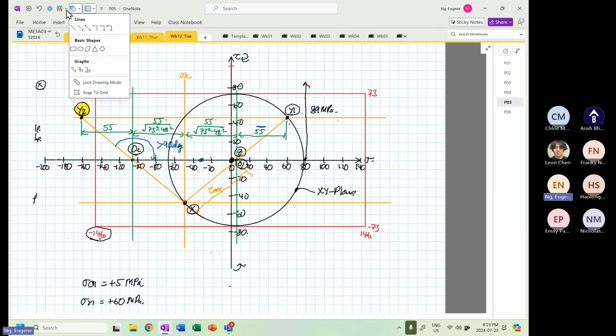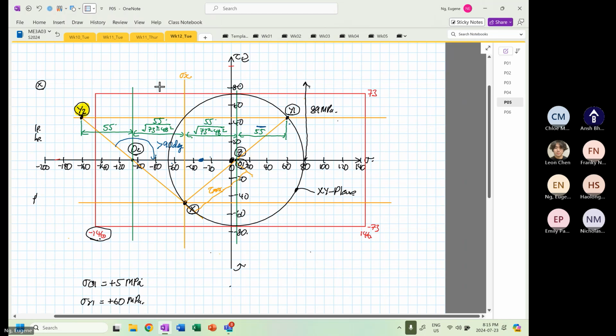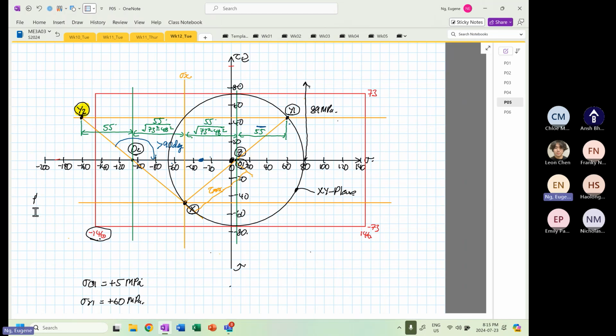So the next two circles I'm going to draw. Bear with me. Let me tidy things up. The next two circles that I'm going to sketch.